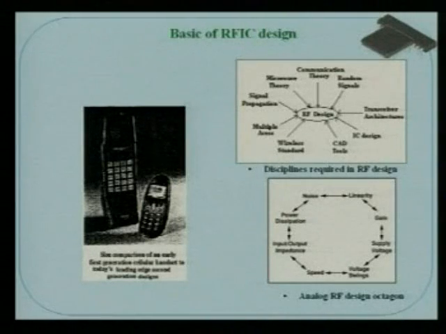And the second one is the famous octagon. You know that in analog design or in RF design, there are a few performance metrics. Those performance metrics are, for example, noise, linearity, gain, power consumption, supply voltage, speed, input and output impedance; all are called performance metrics.